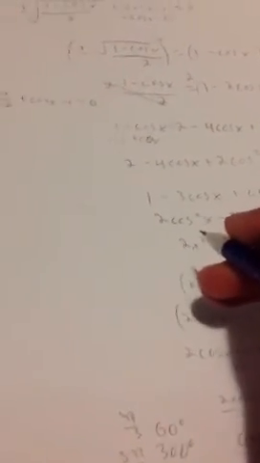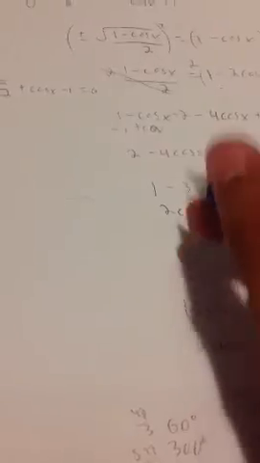So we're going to plug in our values that we want to check. So if we were going to check for the 60 degrees, x is equal to 60 degrees, so sine of x over 2 would be sine of 30 degrees plus cosine of 60 degrees minus 1 is equal to 0.